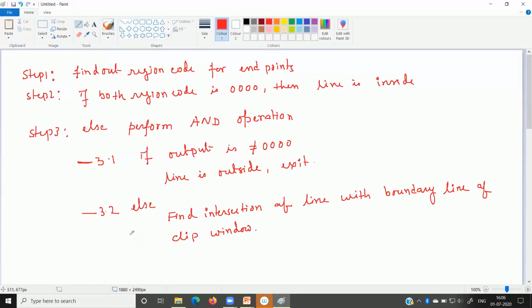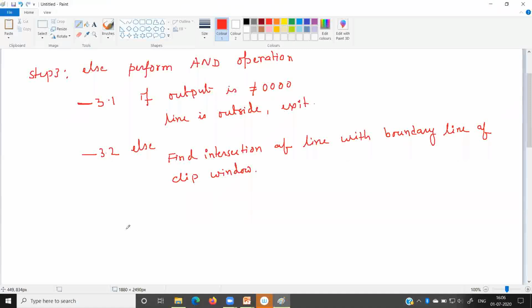Okay, find the intersection points. Now, after finding the intersection points of the boundary of the clip window, you have to again go for a sub point.